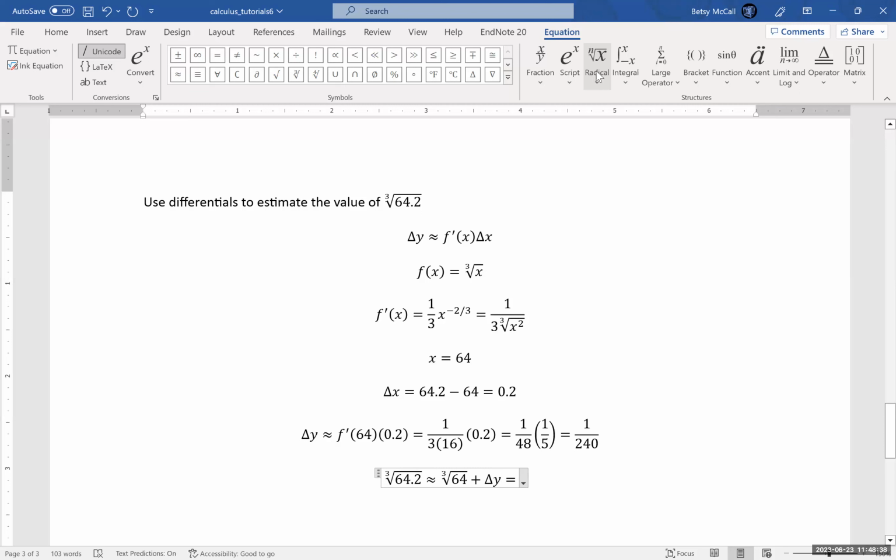The cube root of 64 is 4, and then plus 1 over 240. And then we can simplify that. 4 plus 1 divided by 240 is 4.004166666. Or you can write it as a fraction.